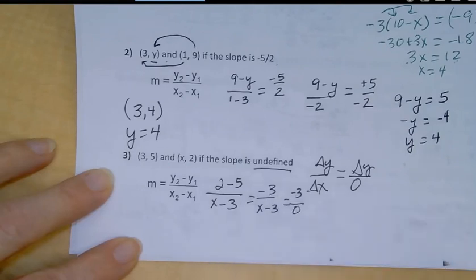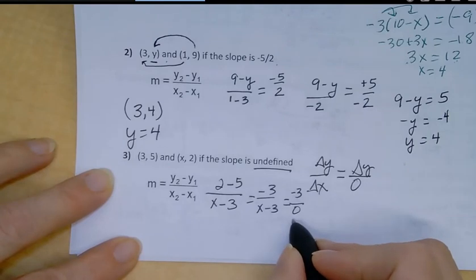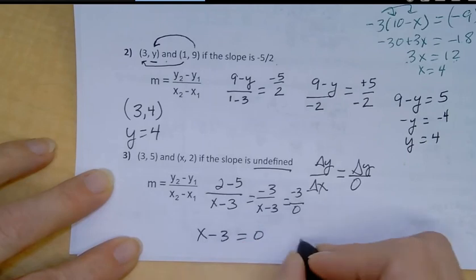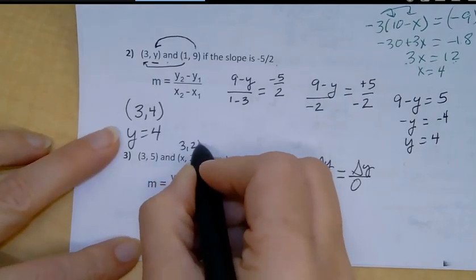My numerators are the same. I have negative 3 in both numerators, x minus 3 and 0 in my denominators. I know that x minus 3 must equal 0, so if I add 3 to each side, x has to equal 3. That is my missing number. So this ordered pair would be (3, 2), x equals 3.